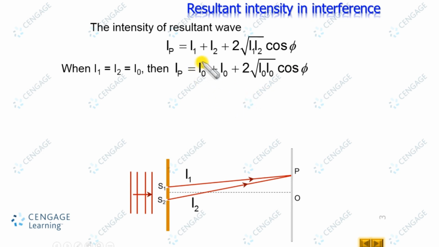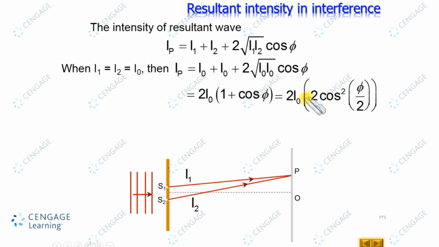So this value will become 2 I0 (1 plus cos phi), right? Now we know 1 plus cos phi is equal to 2 cos square phi by 2, and this finally will become the relation IP is equal to 4 I0 cos square phi by 2.